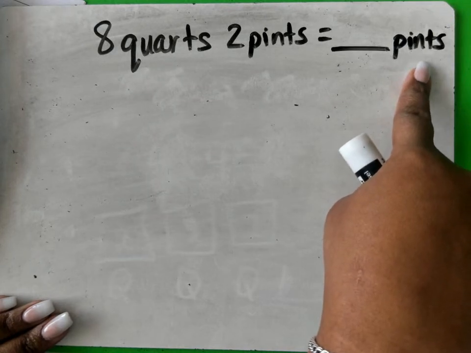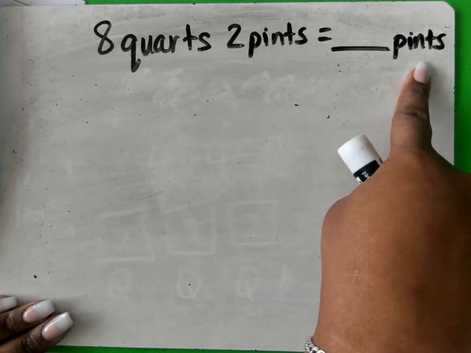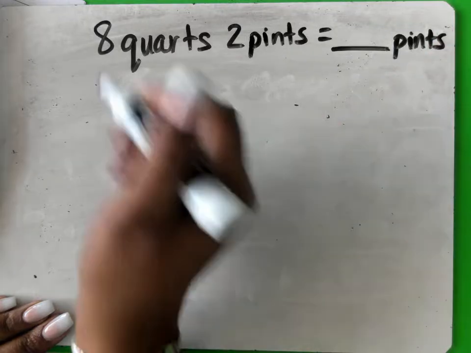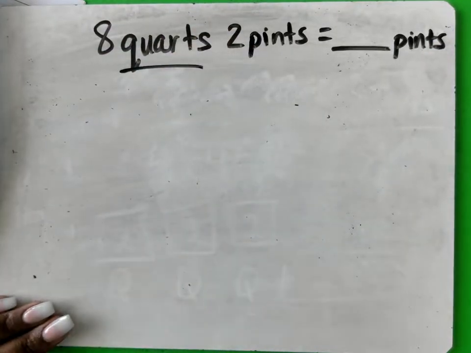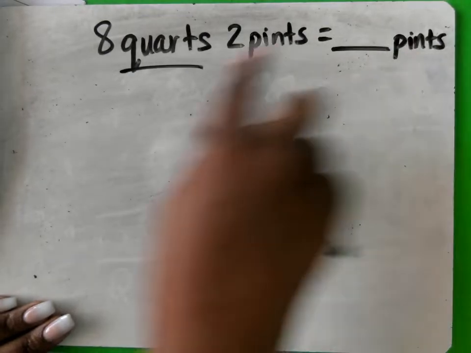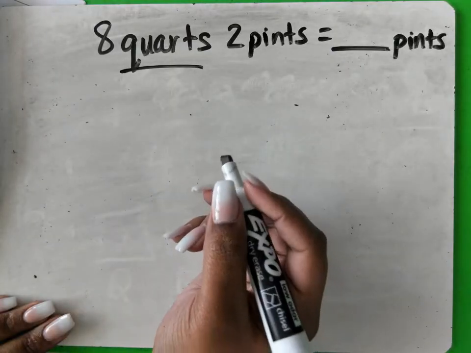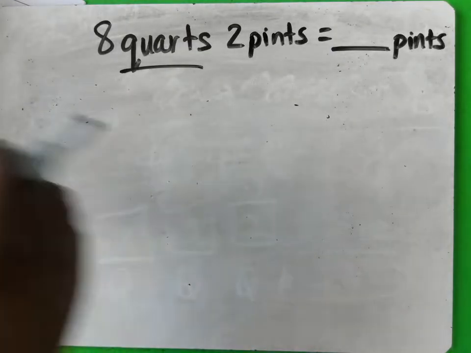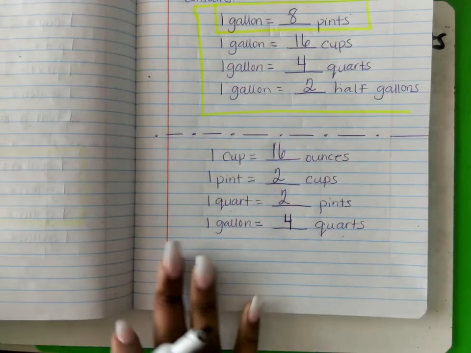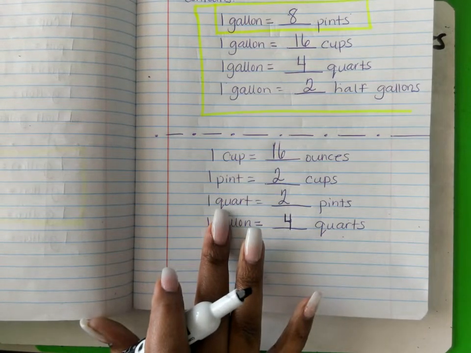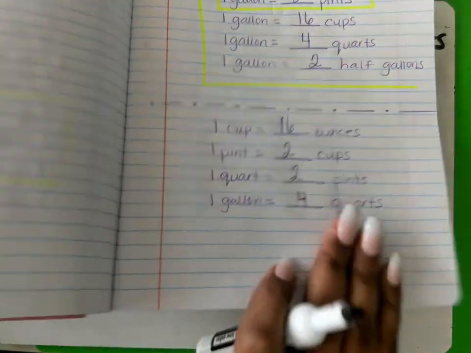So my main unit of measurement that I'm working on is pints. I have to figure out how many pints is equal to 1 quart, right? So here I am converting quarts to pints.